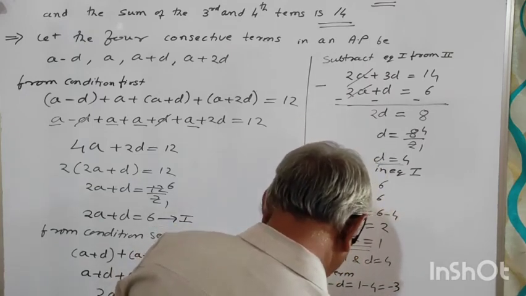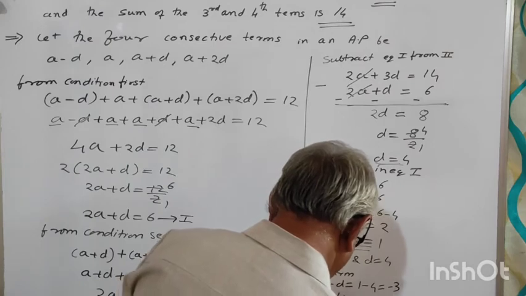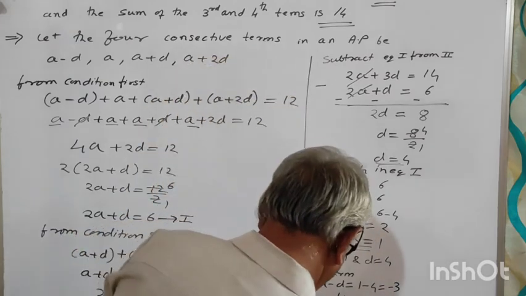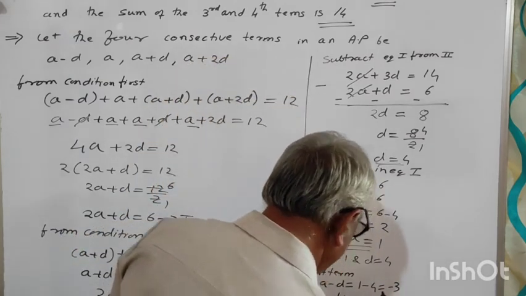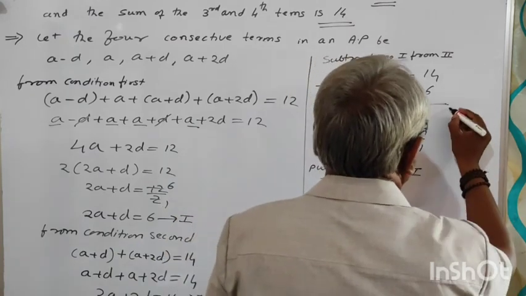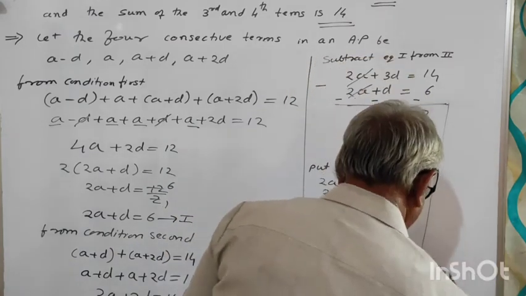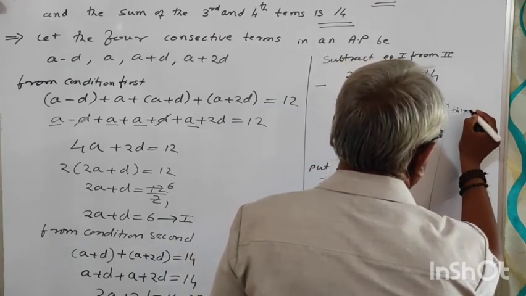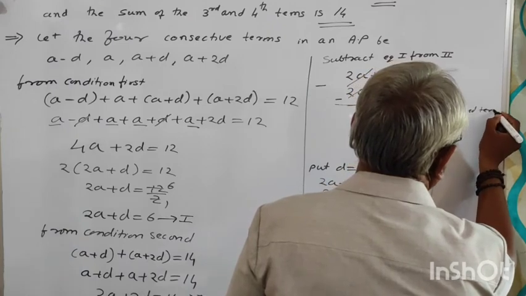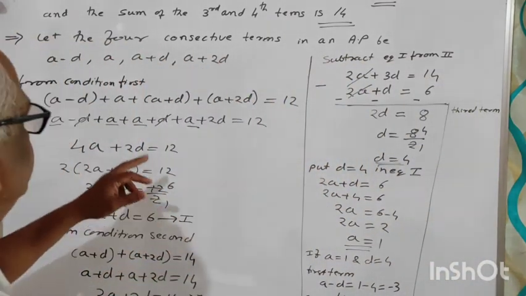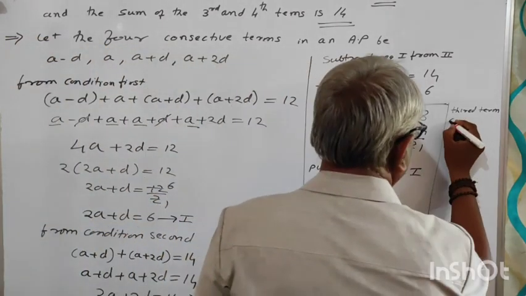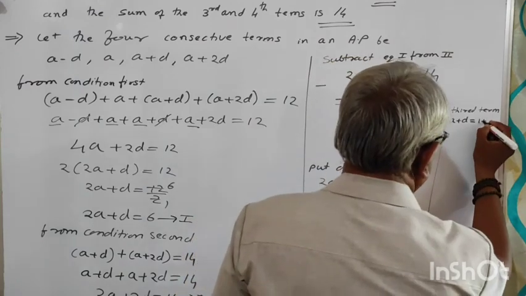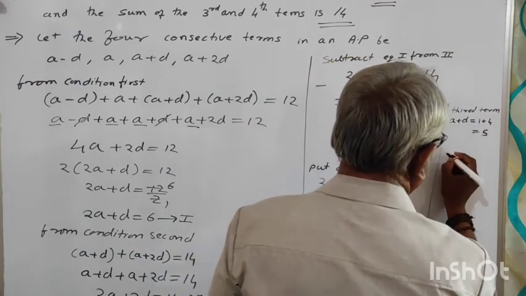The second term is a, where a is equal to 1. The third term is a plus d. A plus d means a is 1 plus this 4, which is equal to 5.